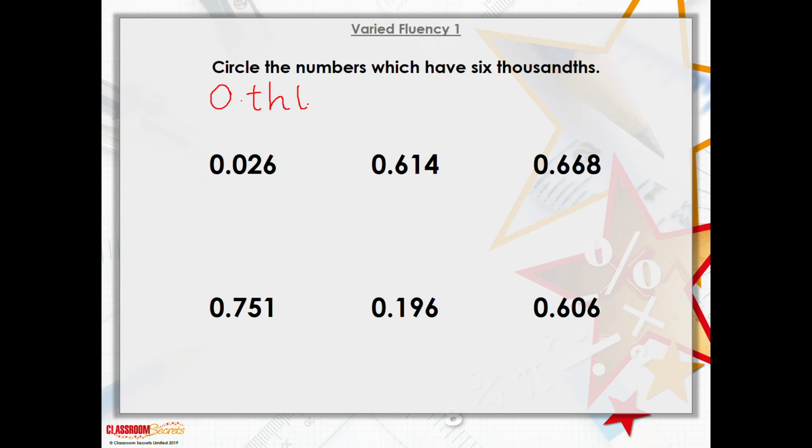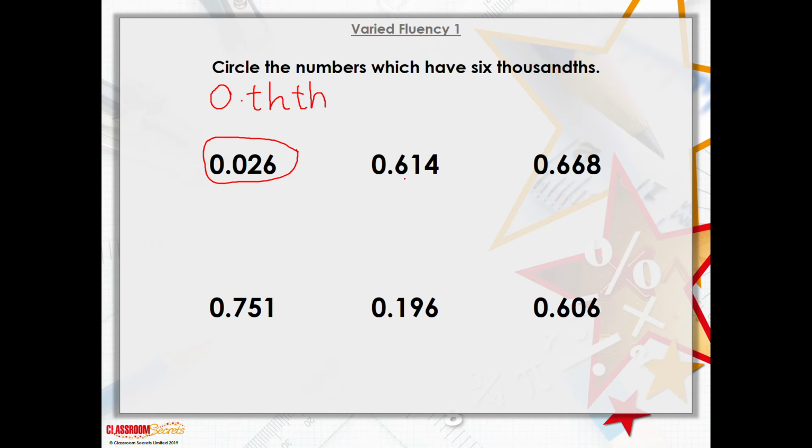So thousandths are actually 3 decimal places along. 1, 2, 3. So when we are looking to see whether a number has 6/1000ths, we need to count 3 decimal places from the right of the decimal point. So 1, 2, 3. This one has 6/1000ths.